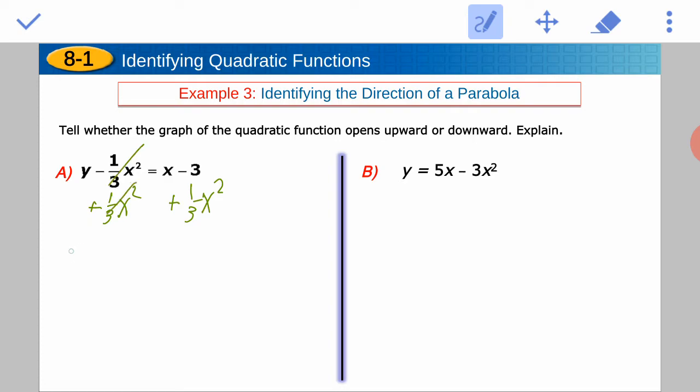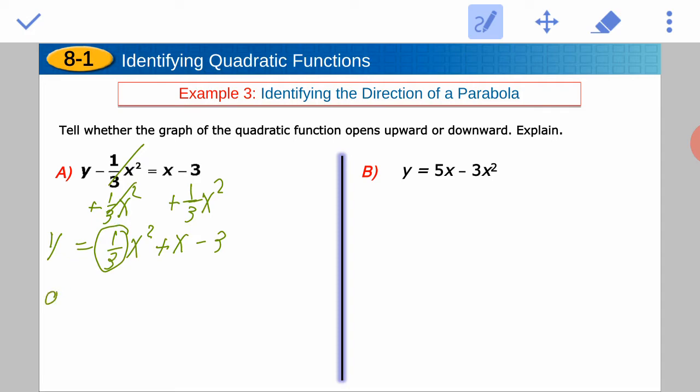These two terms cross out each other, so y is equal to, remember guys, when you write the equation it has to be in the standard form, so you write the x powers in descending order from the largest one, which is 1/3 x squared, to the least one, plus x minus 3. Our concern in order to know the opening direction is that number only, 1/3.